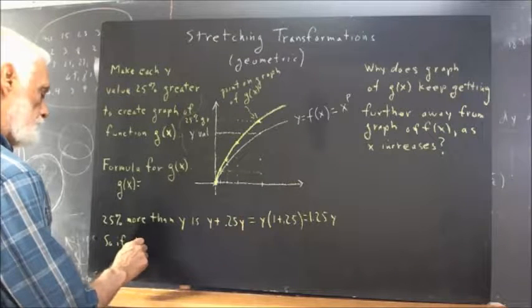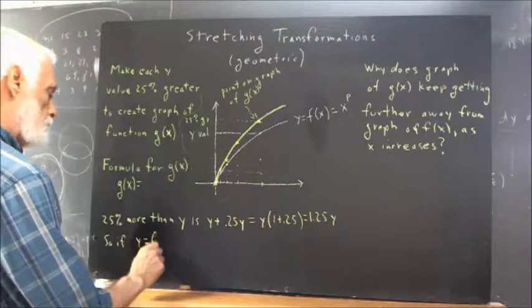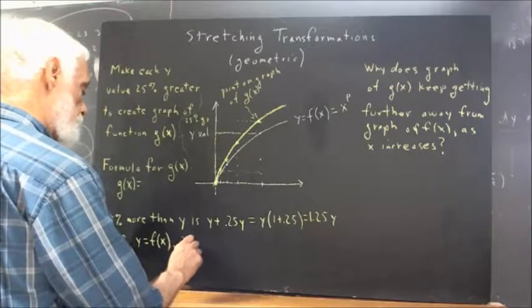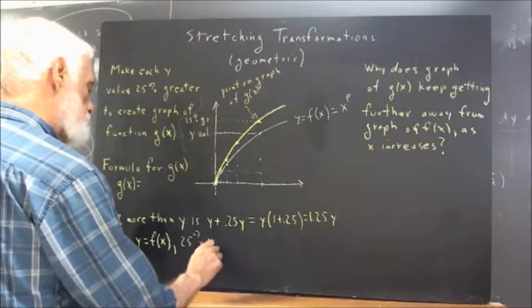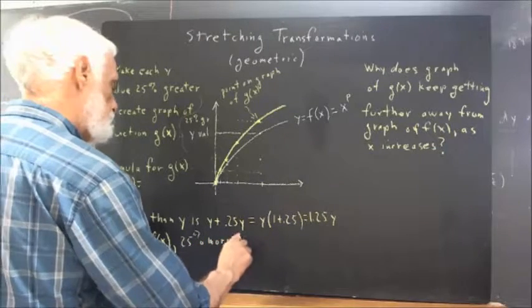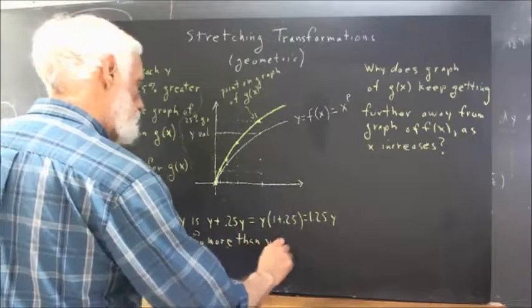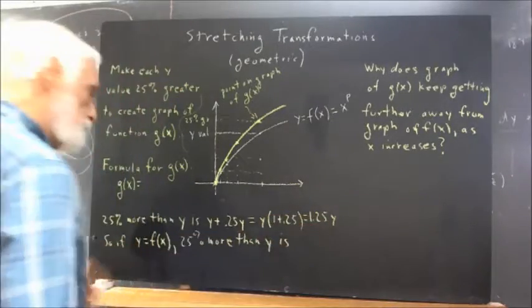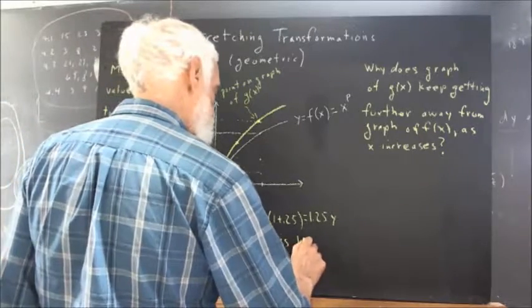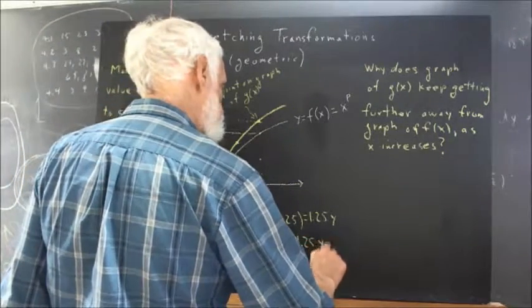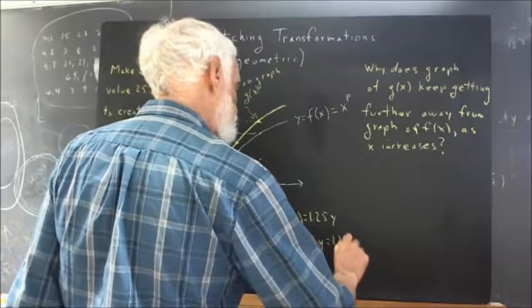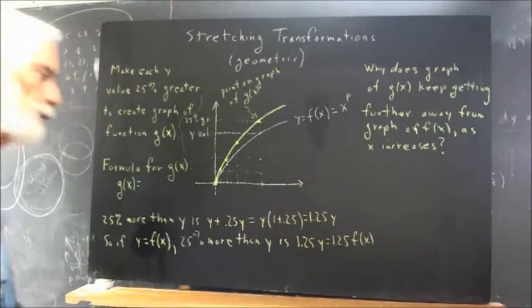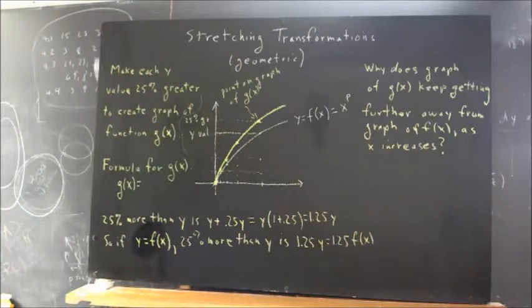So if y equals f of x, 25% more than y is what? Well, it's 1.25 times what y was, which is 1.25 times f of x.